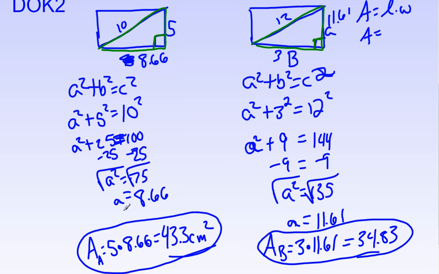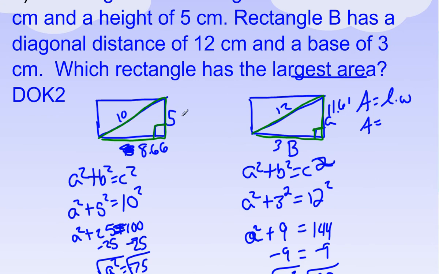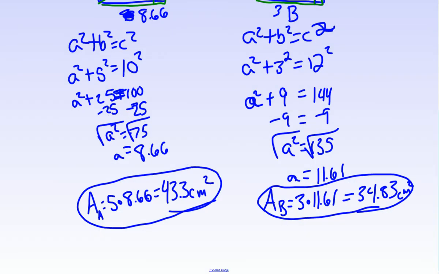So I have the area of rectangle A and the area of rectangle B, in centimeters squared. The question was, which rectangle has the largest area? And the answer is rectangle A. Rectangle A has the largest area. The area is larger by about 10 square centimeters.